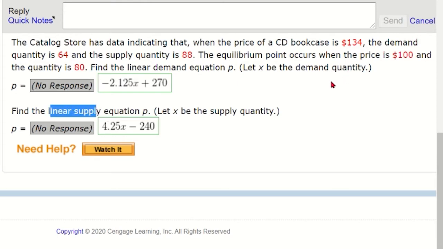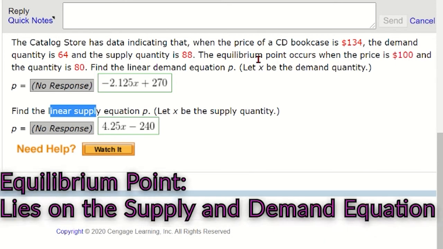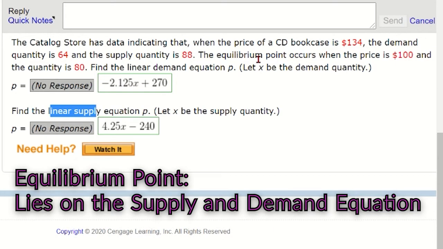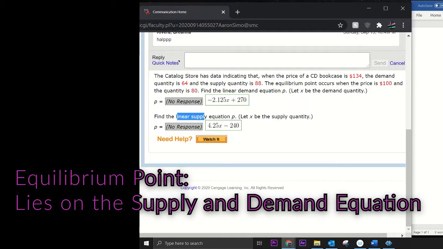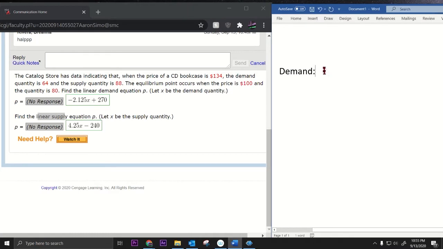Alright, let's try this. The key to this is to understand that the equilibrium point is a point on both of those equations. So let's make 2 points for demand. Remember, we always want quantity, comma, price. Price is always y.